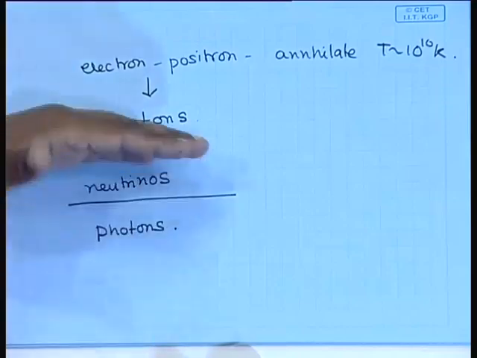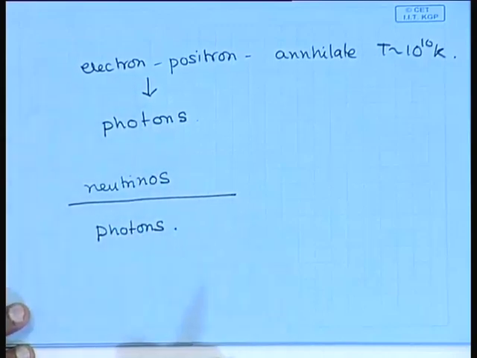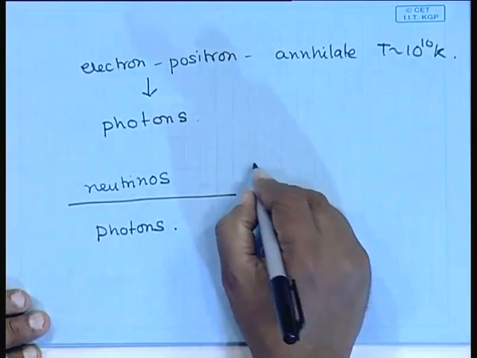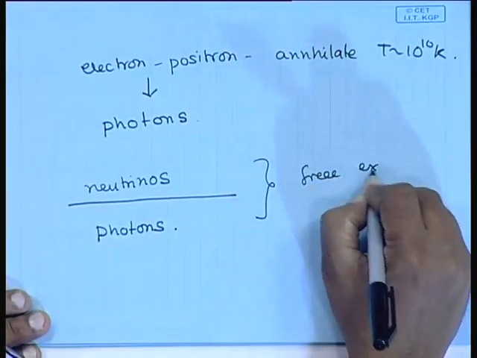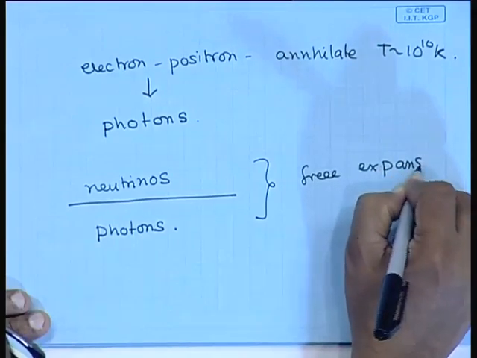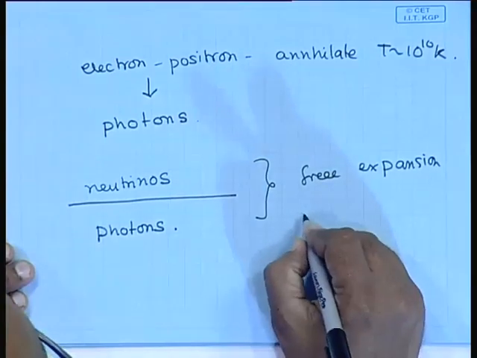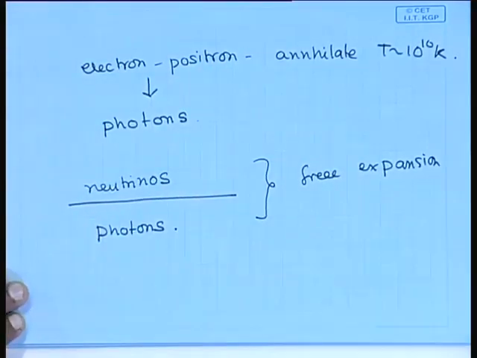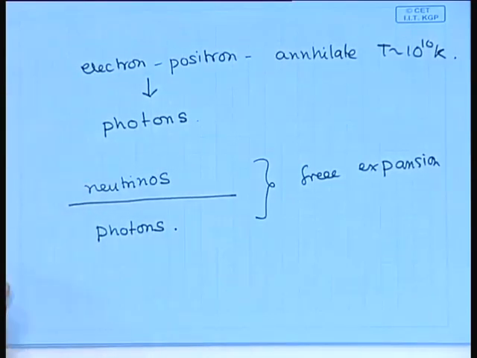Okay. So, this thing is what we see, and we know that these are not interacting with each other. So, if they do not interact with each other, they will just expand freely, you can think of it like that. So, they move freely in the expanding universe. So, the temperature falls as 1 by A. So, once the electron positron pairs have annihilated, the temperatures of these two things just fall as 1 by the scale factor.